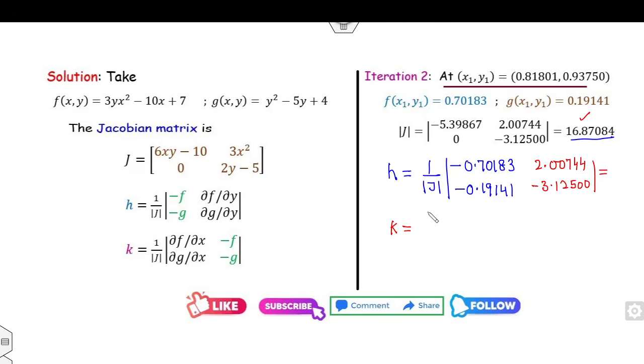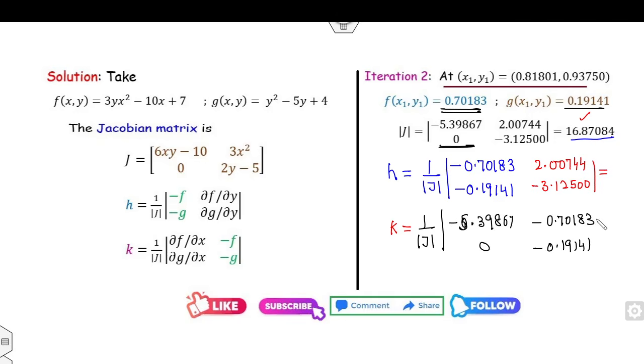Similarly, for the value of k, because k is related to y, I can replace the second column with the negative of f and negative of g, and the first column remains the same, minus 0.539867 and 0.